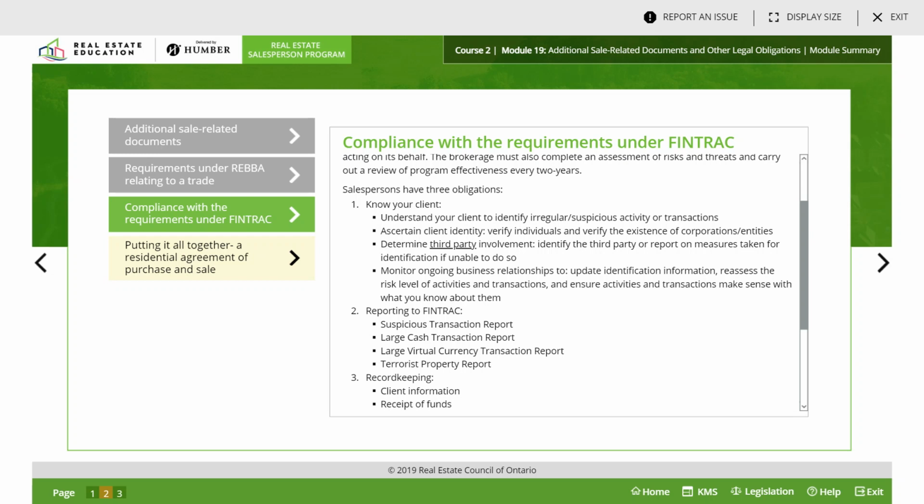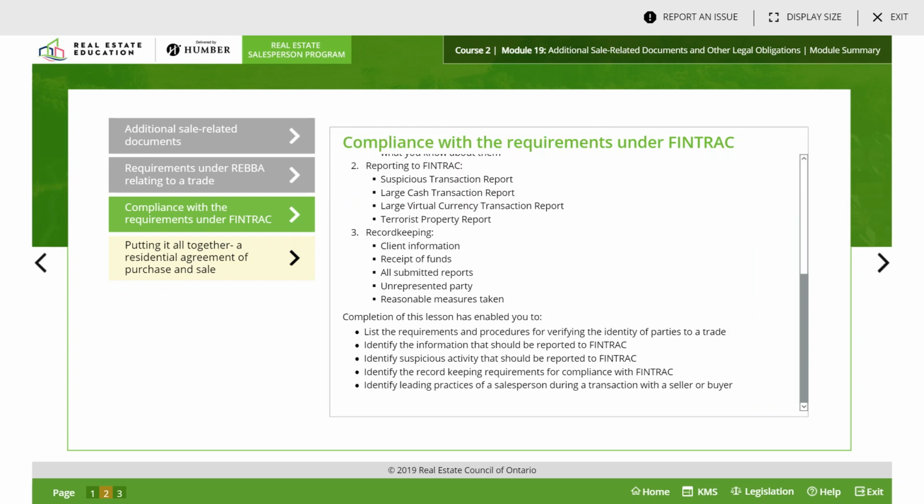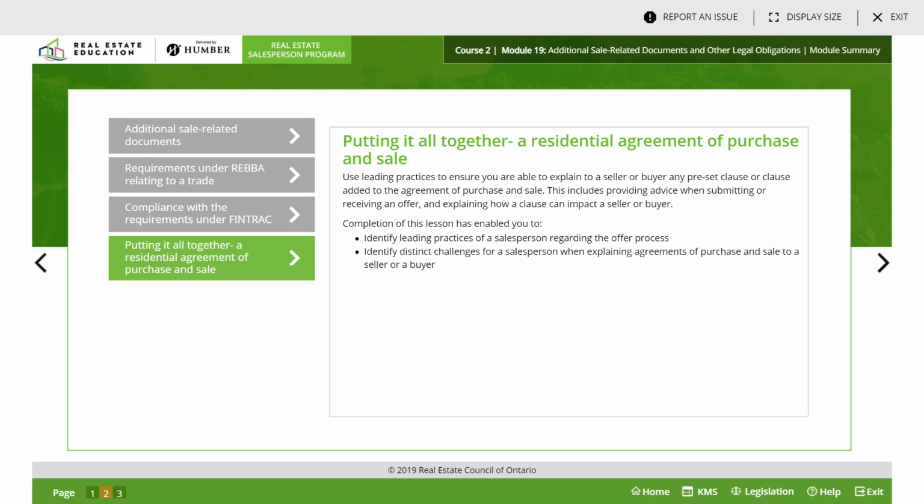Make sure you report any suspicious transaction or any large cash transaction, any large virtual currency transaction, any terrorist property report. Record keeping. Make sure you keep all your client's information, receipt of funds, and all submitted reports, and reasonable measures have to be taken.